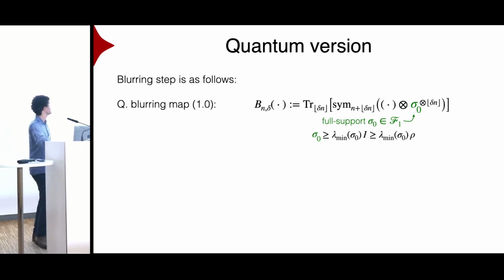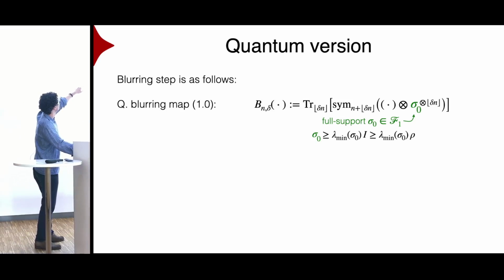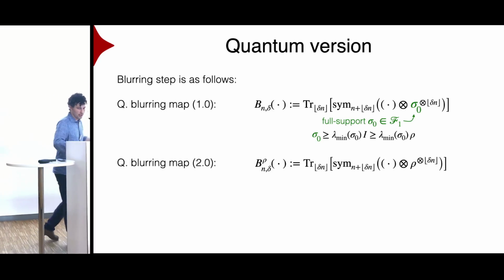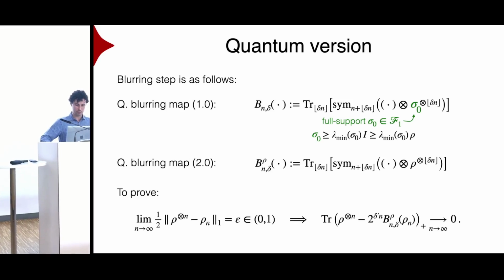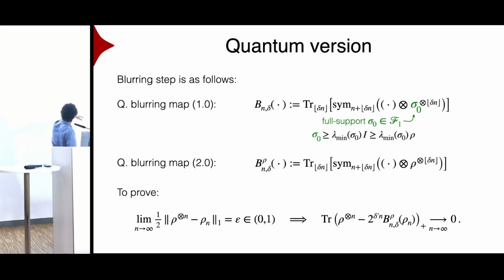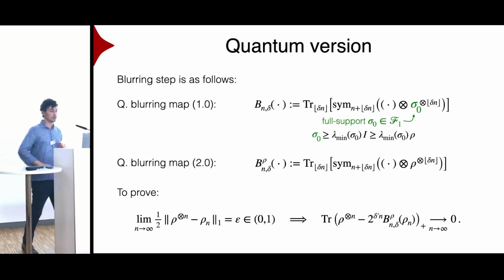That will make the analysis simpler, it turns out. So, up to paying a small price, because this is full rank, this contains rho, essentially. So then you can blur with rho. That's also possible. And now you have to prove the statement. In this blurring map, I chose the second version. This turns out to be false for an interesting reason.